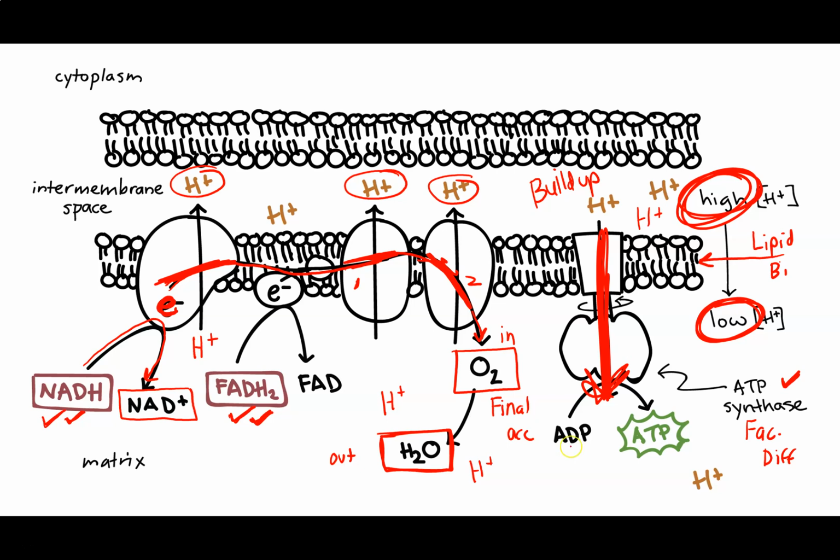And it has the ability to take that ADP molecule, add a phosphate to it, and guess what you just made? ATP. So think about it. Every time an NADH comes up to the ETC, it moves 3 hydrogens. Every time each of those hydrogens comes through, you just make an ATP. So you make a lot of ATP from all of these NADHs and FADH2s.